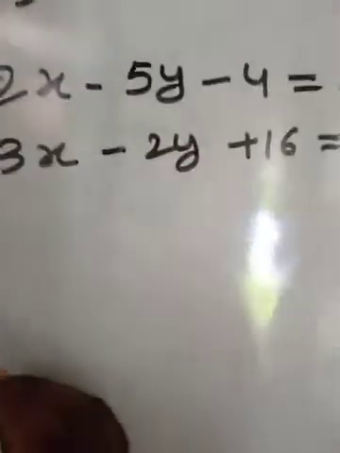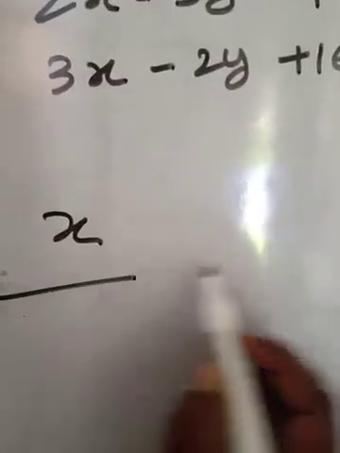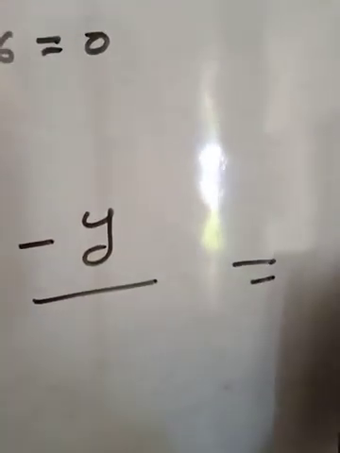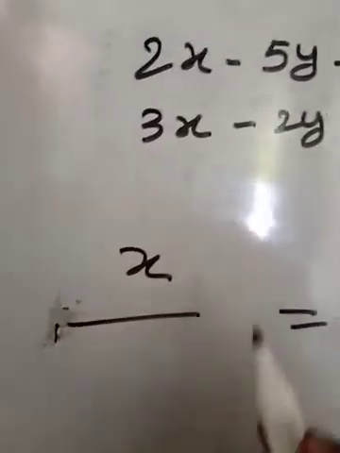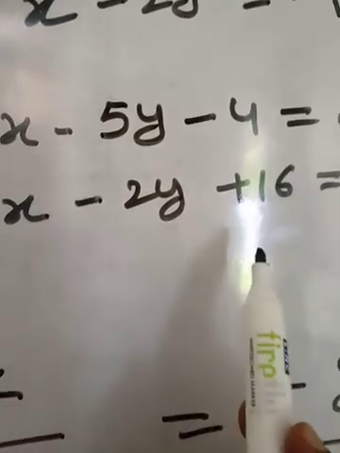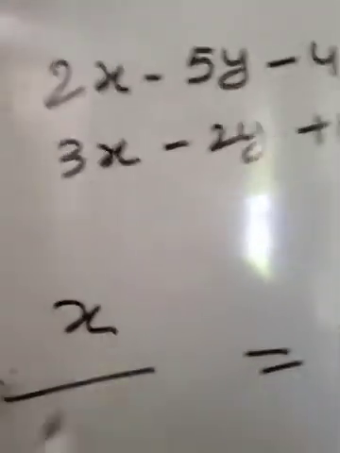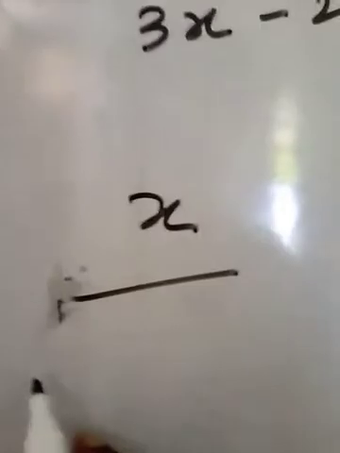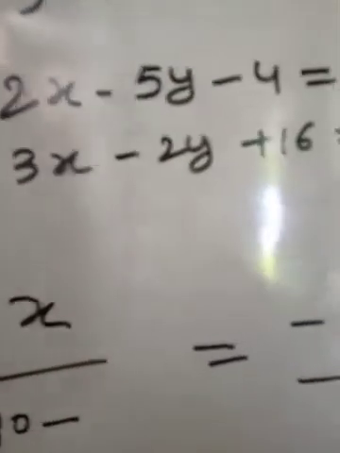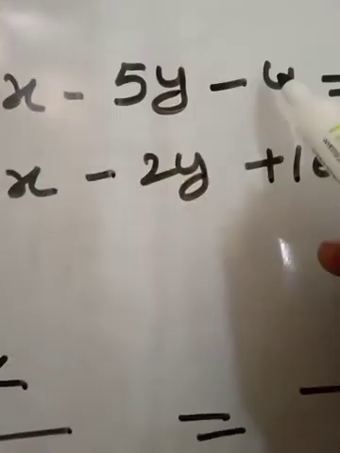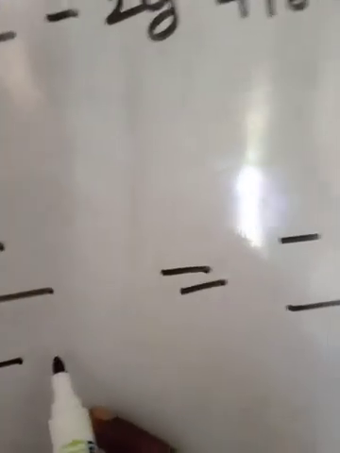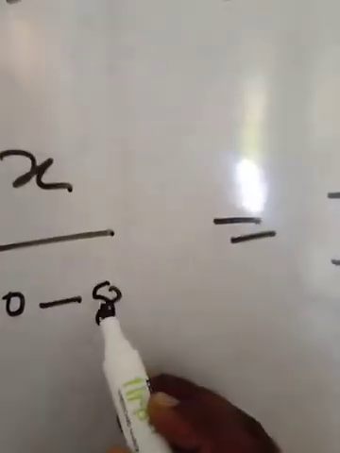Look here, again we have to write x by, minus y by, and 1 by. Hide the x terms. This is minus 5 and plus 16, so minus 5 into plus 16 we get minus 80. Now minus 4 and minus 2: minus and minus make plus, and 4 into 2 is 8, so there is minus 8.